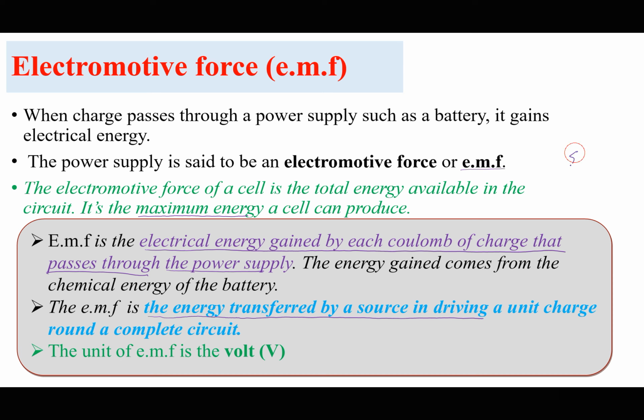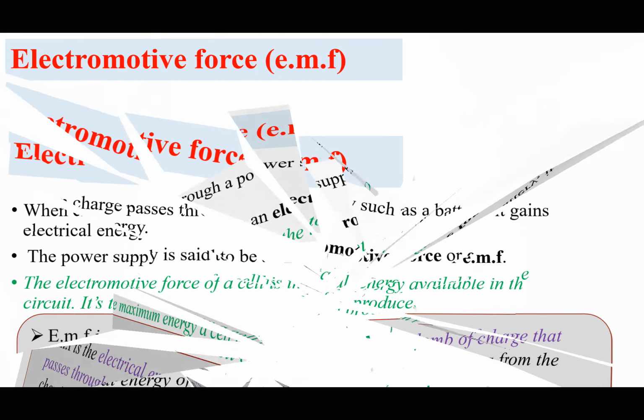So even in EMF, we are talking about energy per unit charge, but these types of energies are different. Both of them are measured in the same unit as the PD. So the EMF and the PD are measured in the same unit, which is the volt, or joules per coulomb. So then what is the difference between EMF and PD? Let's explore the difference between EMF and PD.